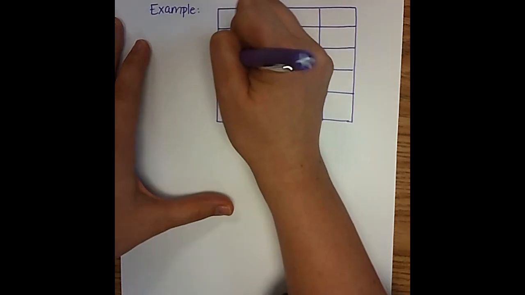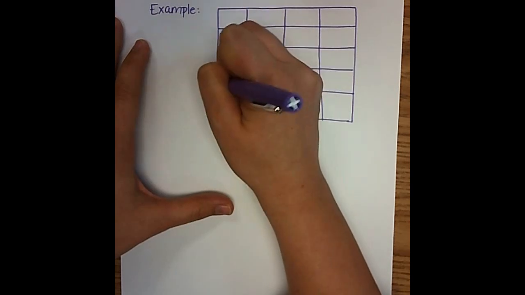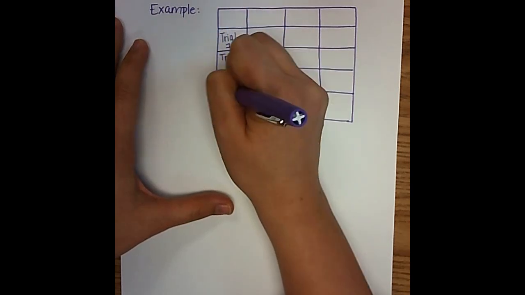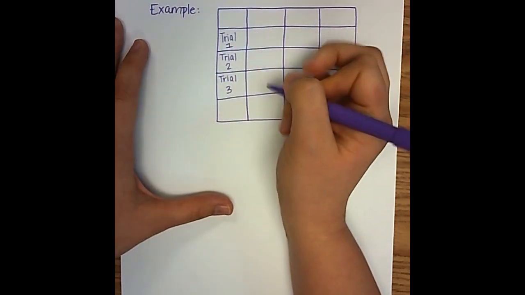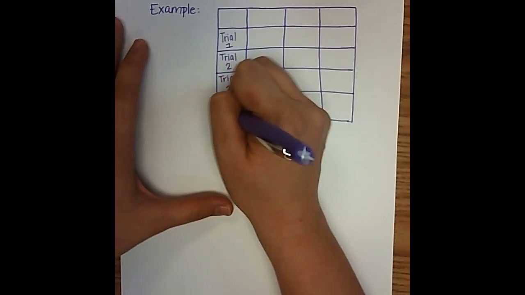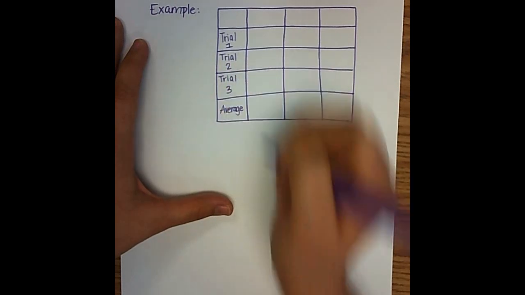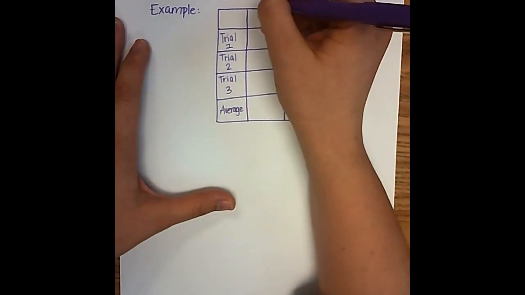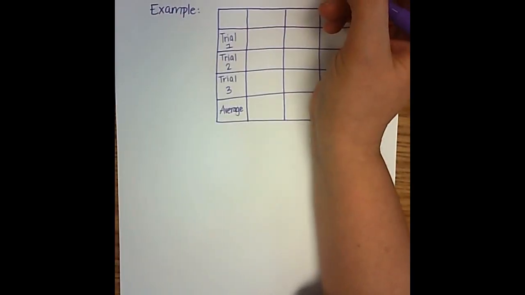So we set up our data table. We're going to do 3 trials. Then we're going to find the average. Let's say that I have daisies that I am trying to plant. I want to know how much water a daisy plant needs, okay? So my question would be, what effect does the amount of water have on a daisy?